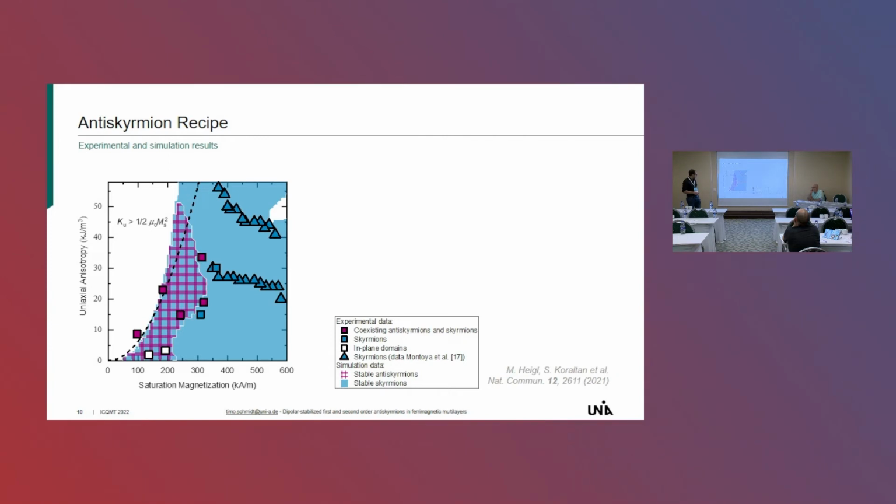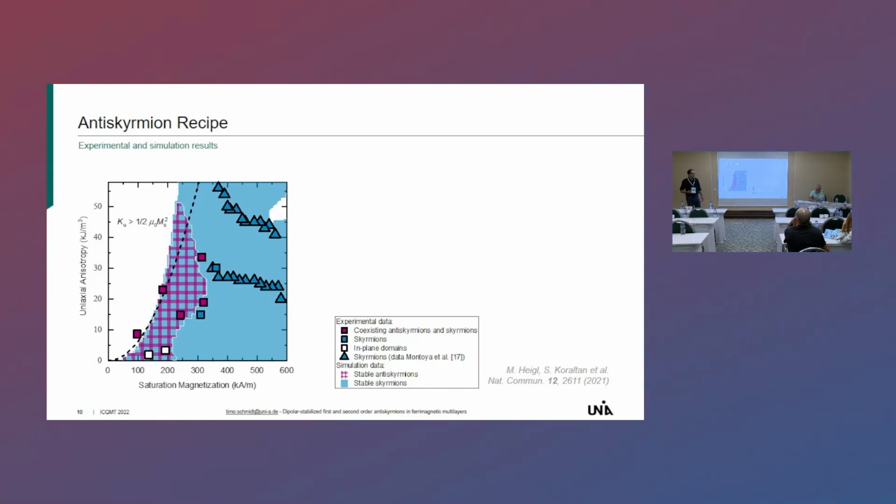And yeah, so that is basically the recipe to get antiskyrmions. You have to somehow get into that phase pocket. But the question is, okay, we can make our samples so that they have this value of uniaxial anisotropy and saturation magnetization.